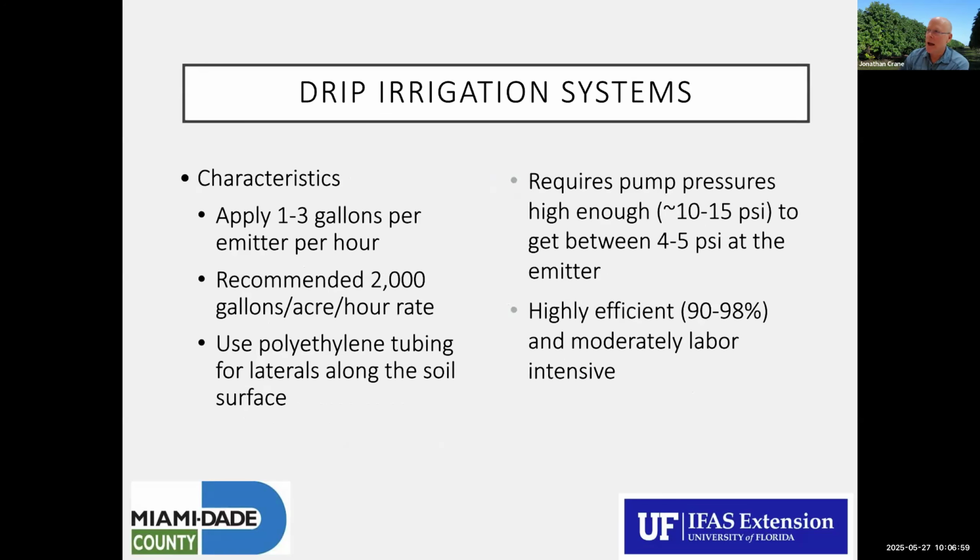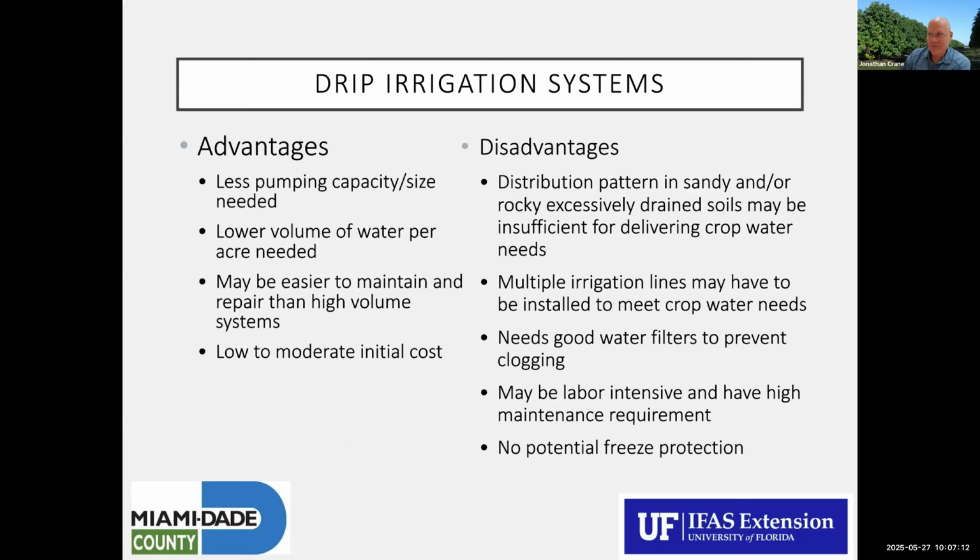Drip systems, these apply low volumes of water. The polyethylene tubing runs along the soil surface. Low pump pressures, high efficiency. Some of the advantages, obviously: smaller pumps, lower volumes of water needed per acre, can be easier to maintain.